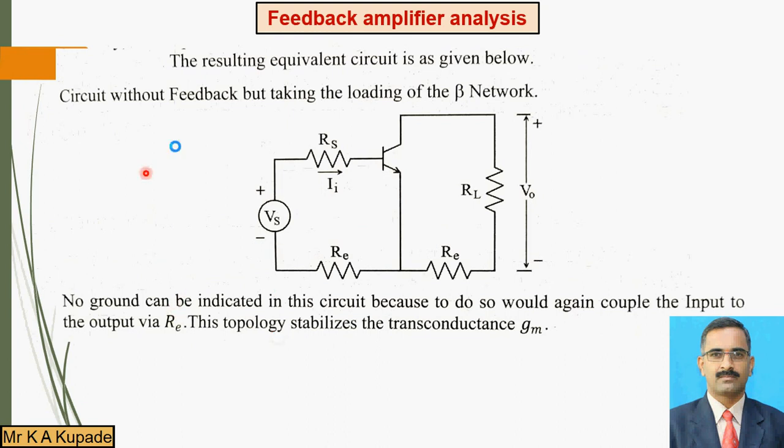So see here the resulting equivalent circuit, by considering the second step. The circuit with feedback, but taking the loading of the beta network, RL, across which we get V naught, and RE, which is considered the feedback element.